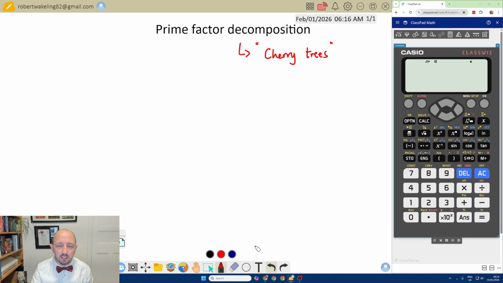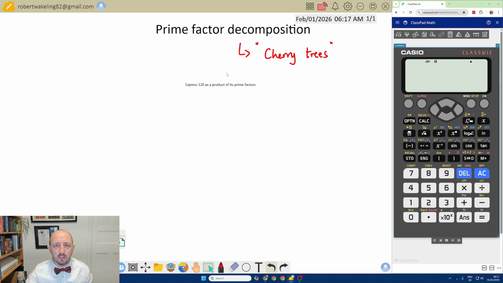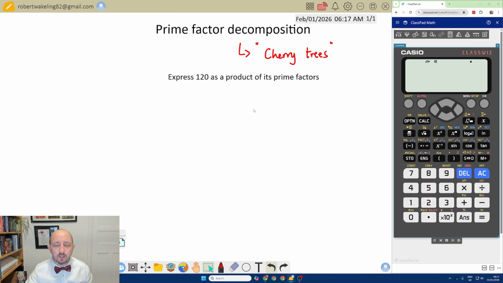Essentially, you will see a question that looks like this. Express 120 as a product of its prime factors. This is what a question like this usually looks like. Your study and revision isn't to do thousands of these cherry trees and breakdowns.